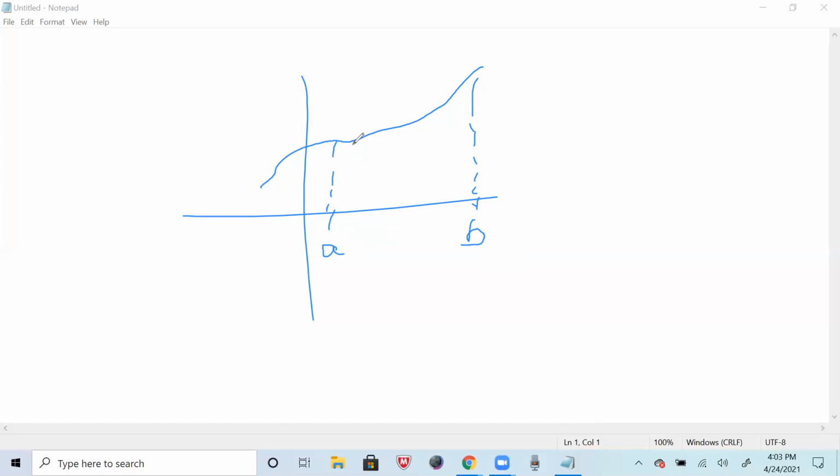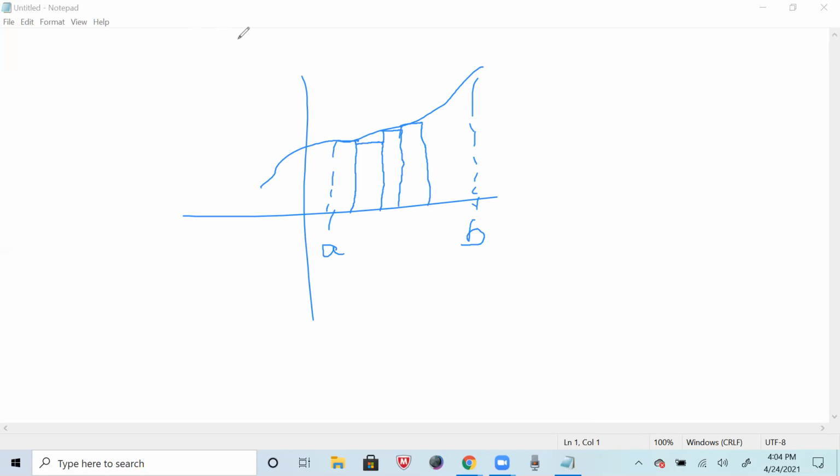When I break it up into rectangles, I can make it left, which usually underestimates it, because notice what happens as long as the function is rising: the left underestimates the area under that.